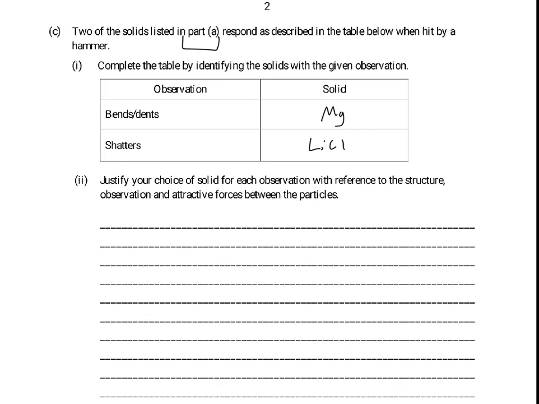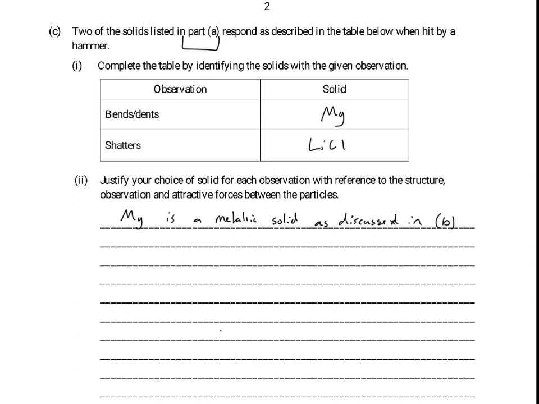So we go through the same process, 3 steps. Number 1, state the type of solid. 2, describe the bonding, and 3, relate the bonding to the property. So number 1, magnesium is a metallic solid made up of magnesium atoms which are held together by a metallic bond, which is a strong electrostatic attraction between the positive nuclei and the delocalized electrons. Now I'm going to use poor form here and put as discussed in part B, rather than having to rewrite it again.